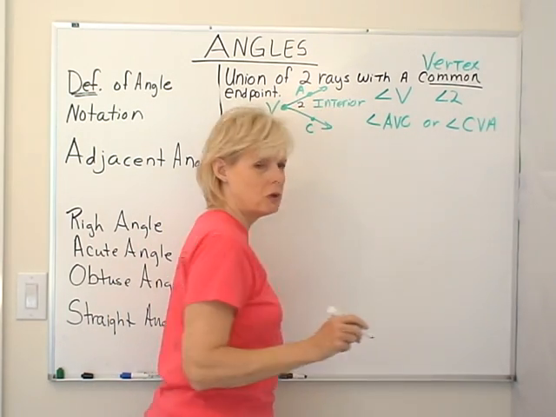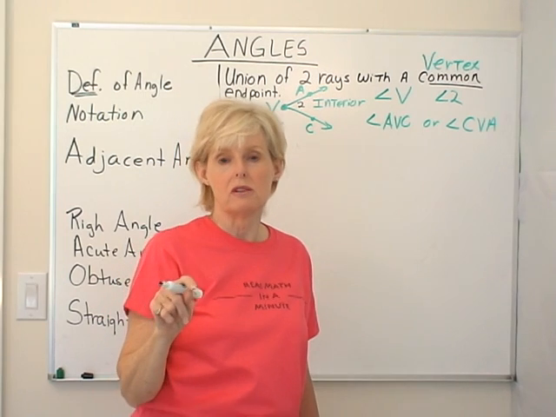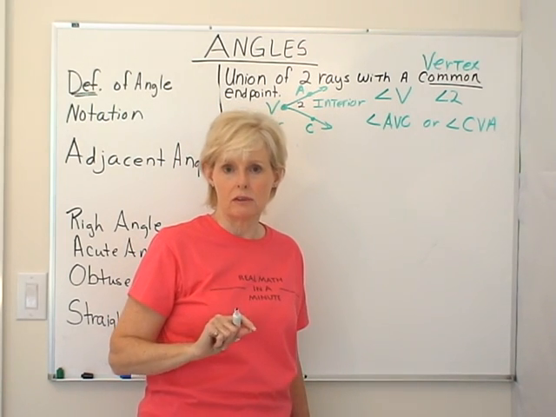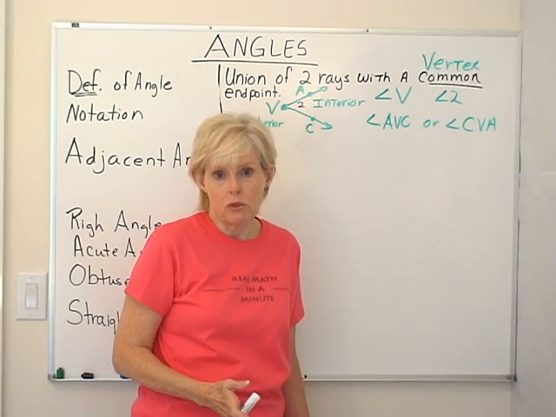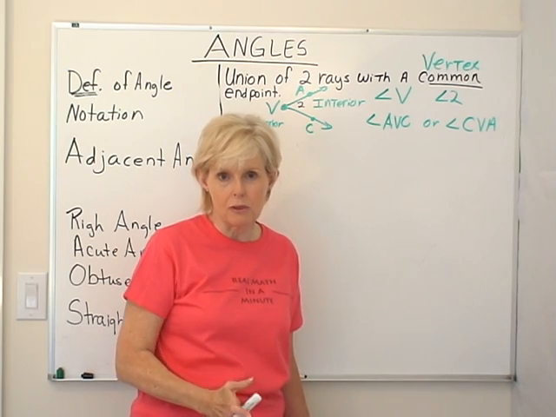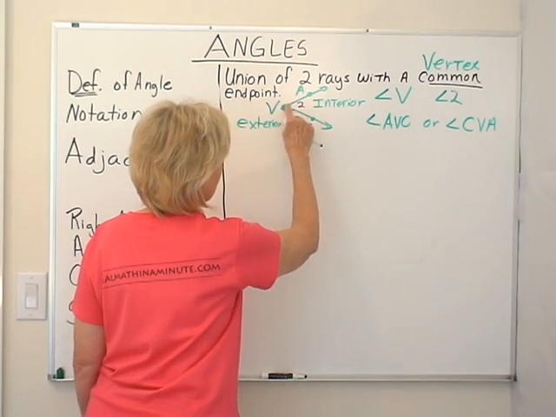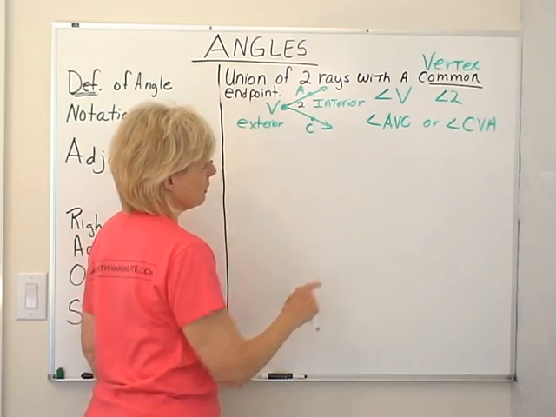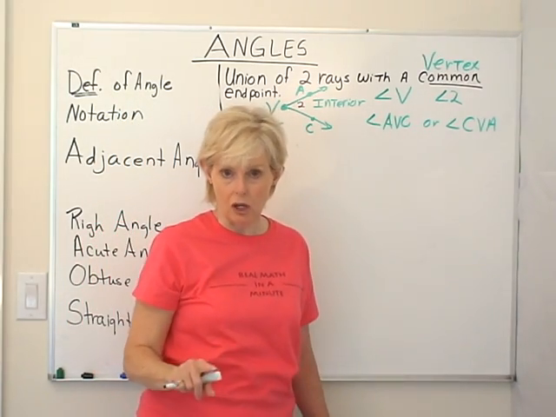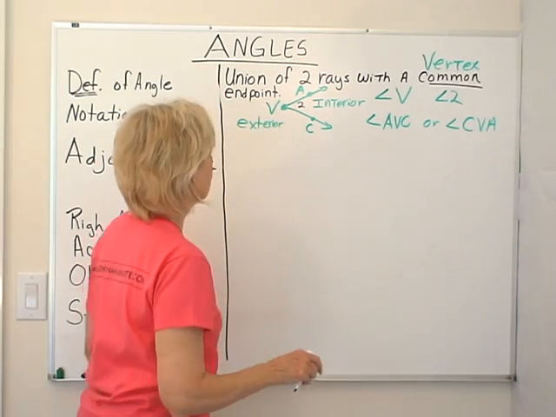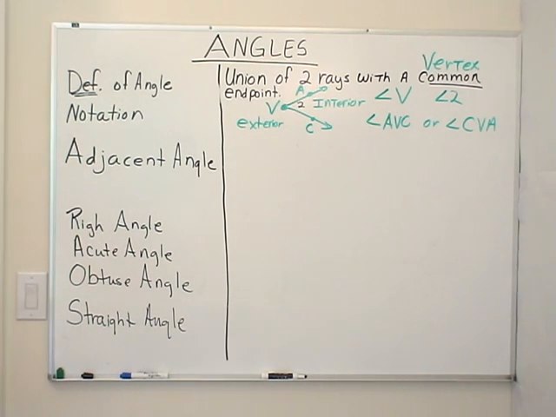What's important is that the vertex is named in the middle. It is the common point for your two rays, and it needs to be in the middle. But you can go either way, angle ABC or angle CVA, and it doesn't matter. Notice that I used capital letters always, because those represent points. All right.